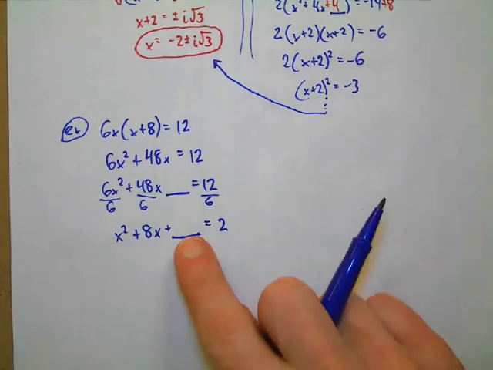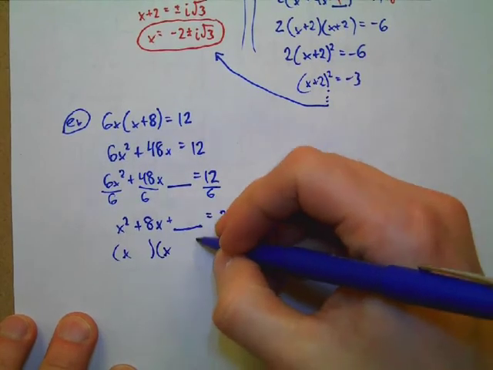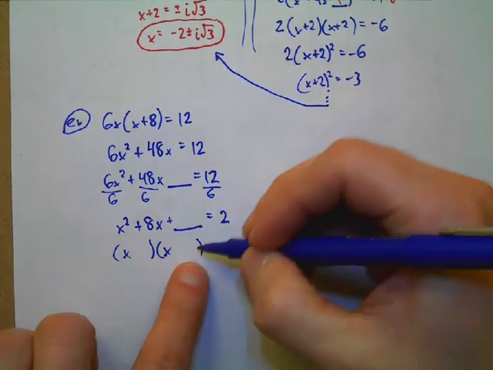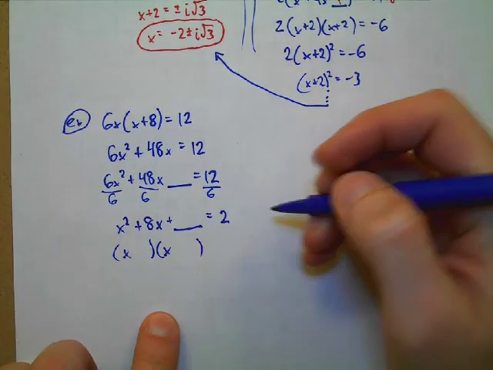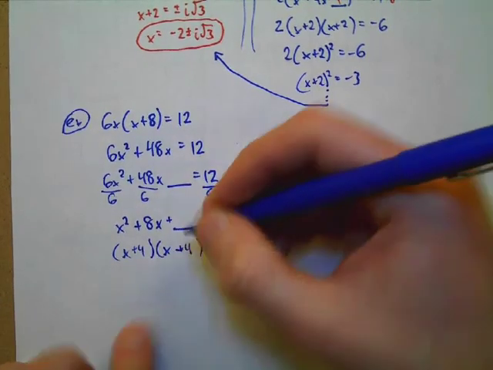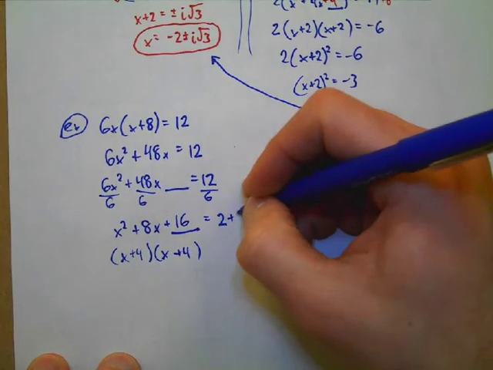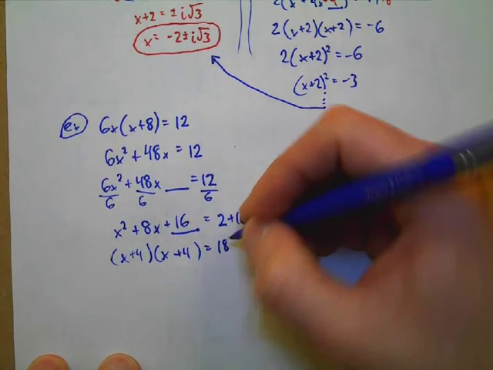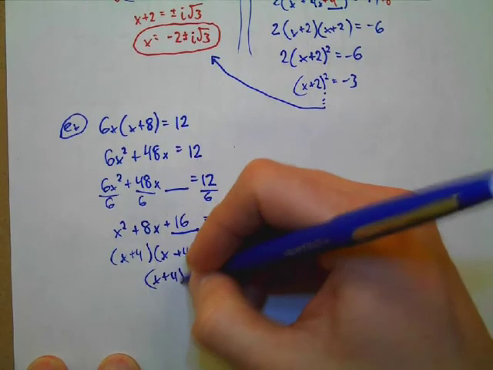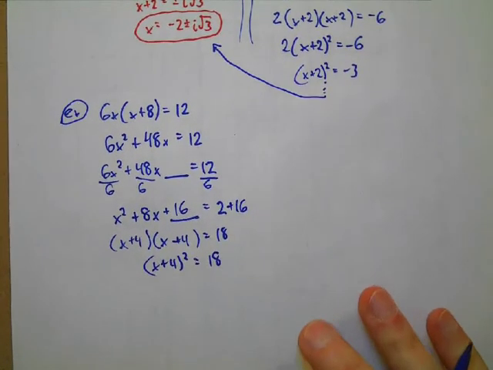And now we've got to figure out what we're going to add. We need two numbers that add to make 8, and they need to be the same. So yeah, 4. Which means what is missing in my blank right here? 16. I'll add 16 to this side as well. And then we can just simplify from here.